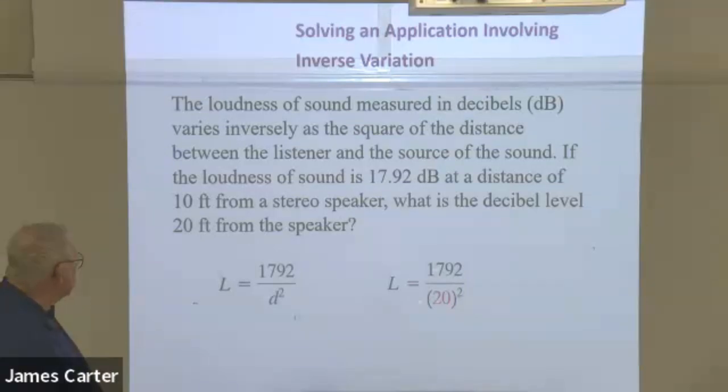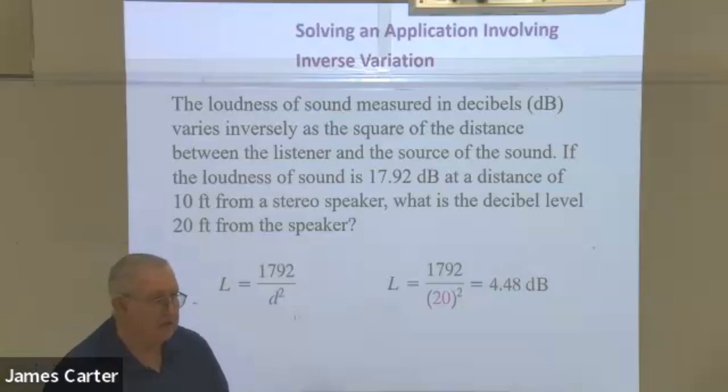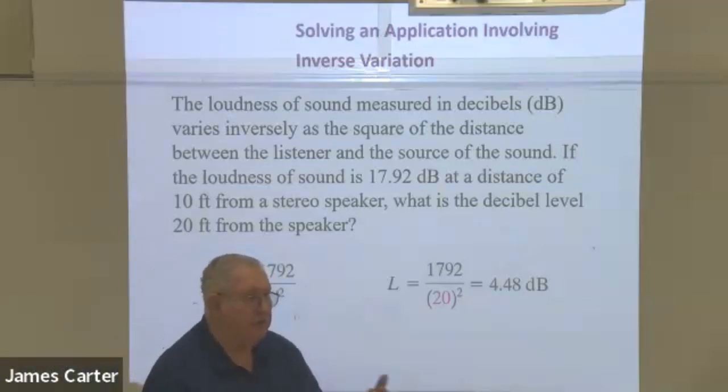Well, in this case, 20 squared is 400. And that number divided by 400 gives the result in decibels. Actually, that's not very loud.